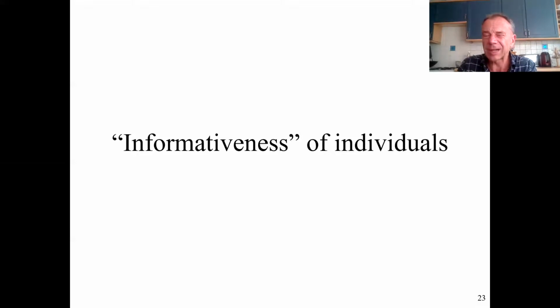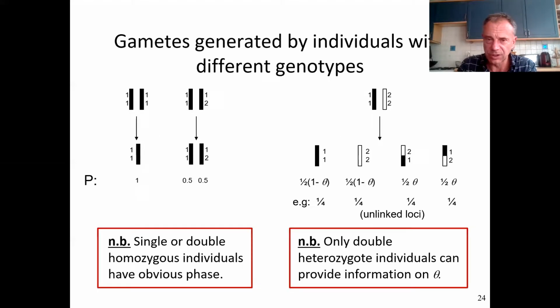We can also look at something about how informative individuals are, because sometimes we can make deductions and sometimes we can't. If a person is homozygous at both loci, then we know what alleles they'll pass on. So there's no information there.